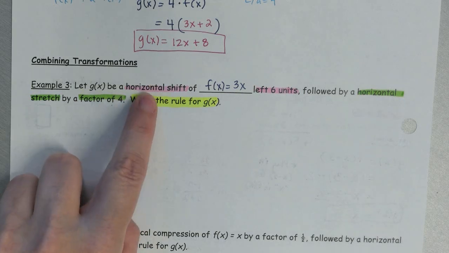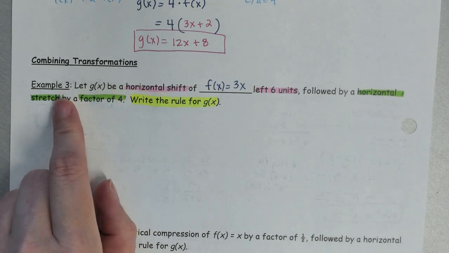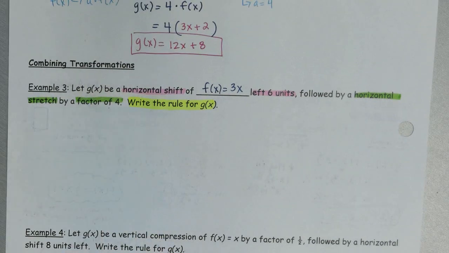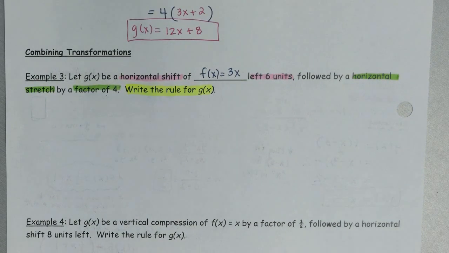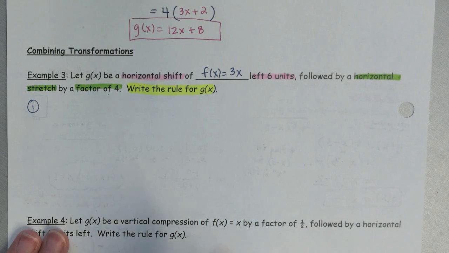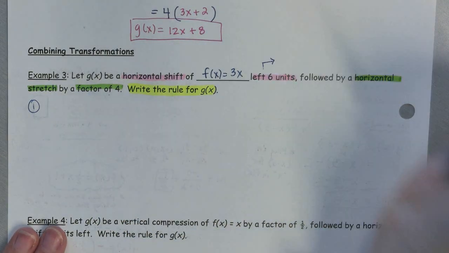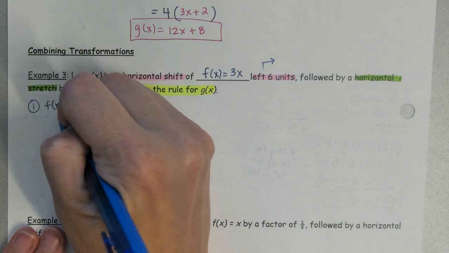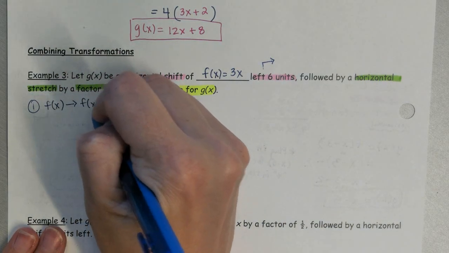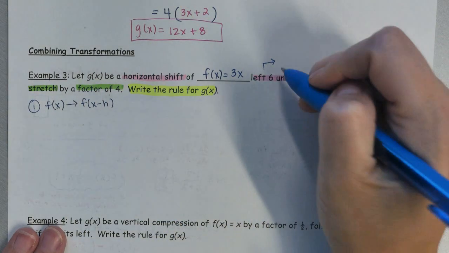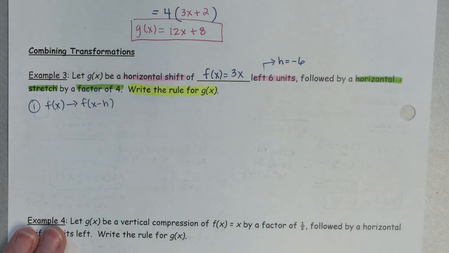Okay, so first is what I highlighted in pink, second is the green, this is my direction. So step 1 is going to be exactly like what we were just doing, okay? So it's a horizontal shift, left 6 units. If you are going left, remember the rule is f of x goes to f of x minus h, but our h value is negative 6.